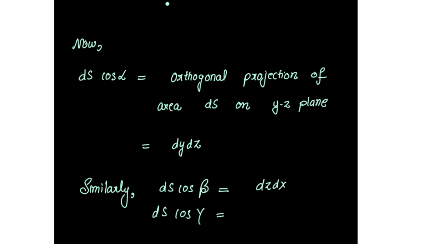And then dS cos gamma is the orthogonal projection of area dS on the xy plane, so this is equal to dx dy. Fine. Please remember this. We are going to use this result also in the proof of the theorem.